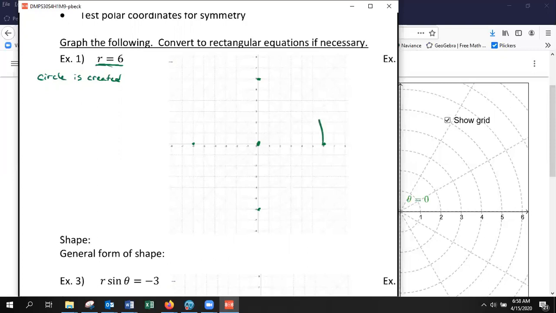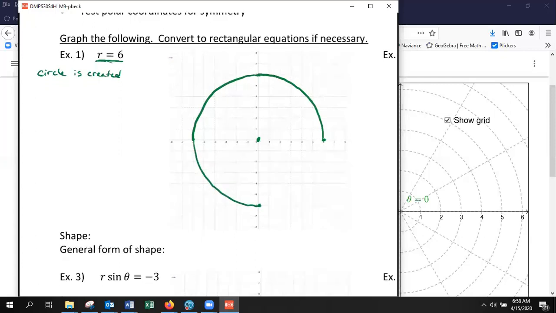The nice thing about the polar graph here is that the radius of 6 is something I can very easily follow, and continue on. If your circle does not look perfect, that is okay. Perfect circles, as I talked about in the classroom, not very many people can actually draw.